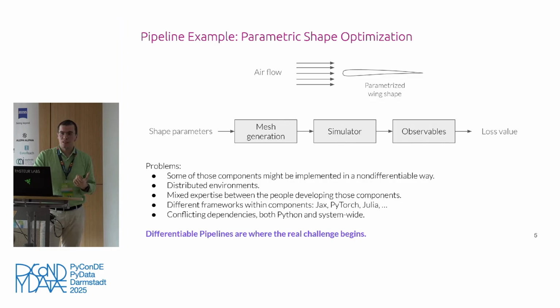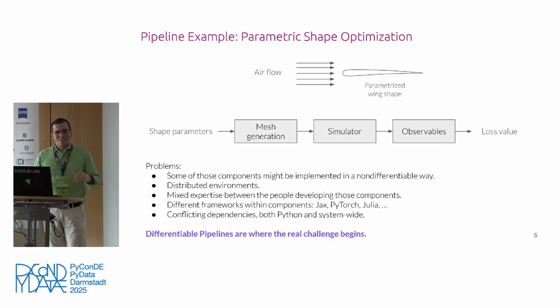Another issue that can arise here is that all of these components could live in distributed environments, so maybe they are mediated by HTTP requests, and then your AD framework doesn't really know how to process that because the derivative of an HTTP request is not a well-defined concept. And these are technical things.